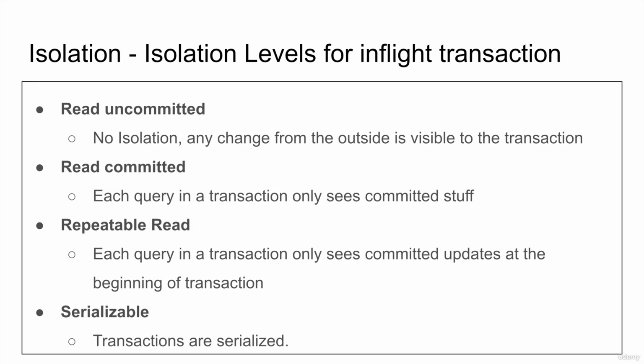So the repeatable read isolation level gives you the ability to see committed values, but not at every single query, only at the beginning of the transaction. Once you begin a transaction, you will only see changes that were committed before you started the transaction. That gives you a nice isolated, tight view, and that's really powerful stuff.